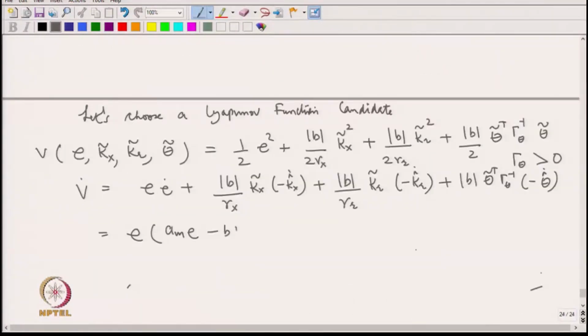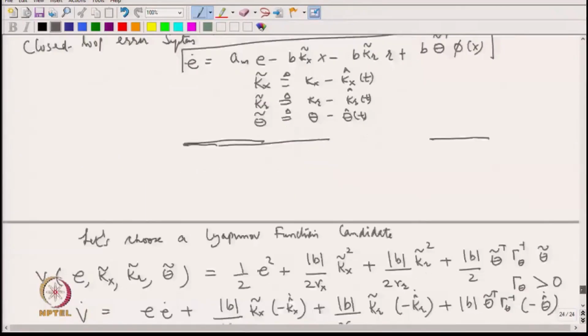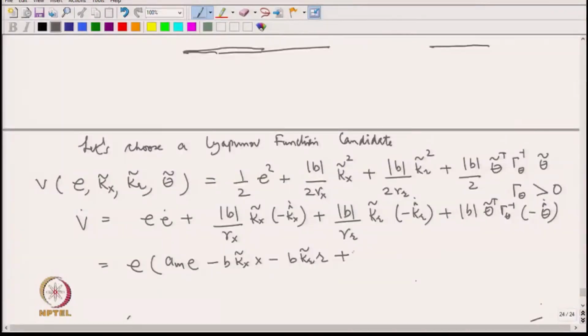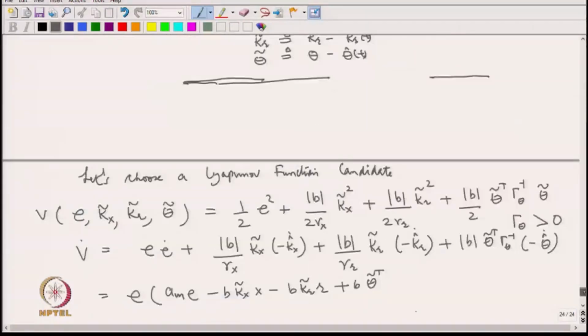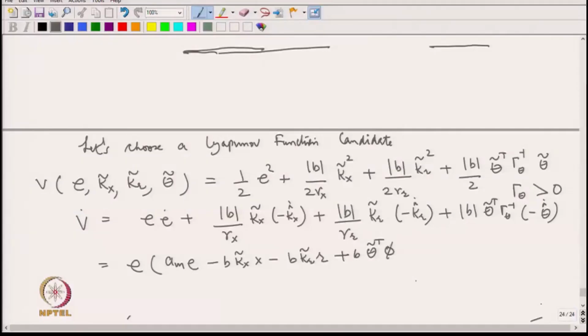Minus b kx tilde x, minus b kr tilde r, plus b theta tilde transpose phi of x.